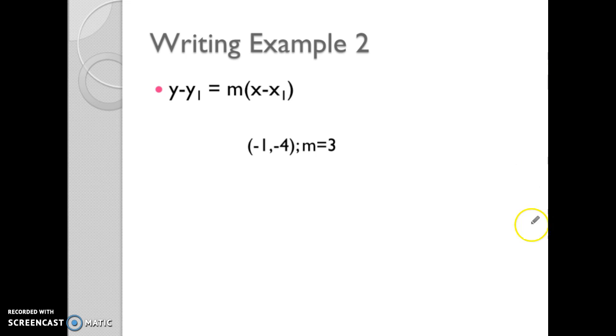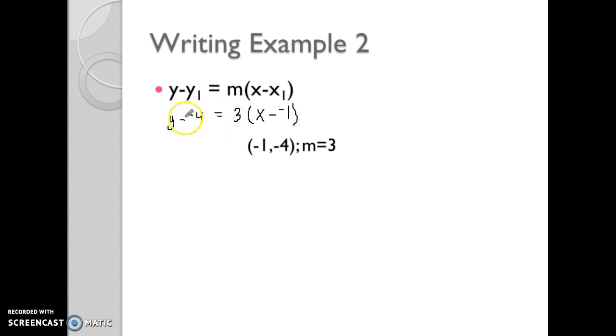Another example, plugging it in, this time we have the point -1, -4. So when you're writing these ones in, this is a little bit different because these are both negative coordinates. So when we replace them in for x1 and y1, make sure that you identify that the y coordinate is -4, so y minus -4 equals our slope of 3 times x minus -1.